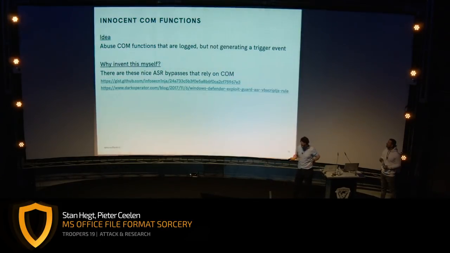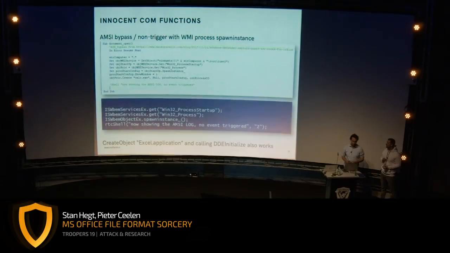And, well, I can invent them myself, but I just started looking around at what's available there, and I knew of a couple of nice attack surface reduction bypasses by Dark Operator. What they, for example, do is start a process with WMI, and in the end, the method being called is called spawn instance.